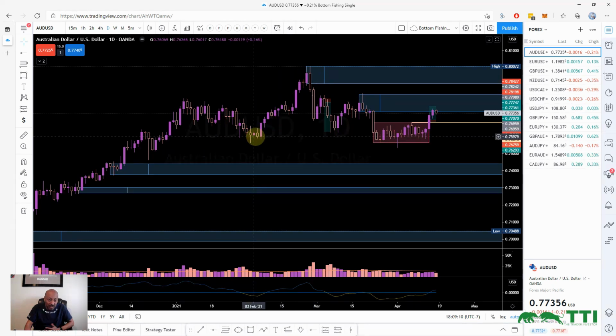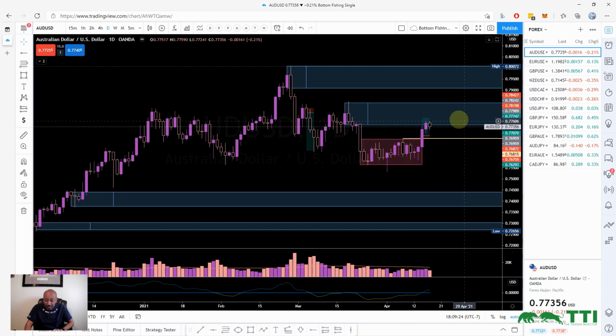Because this is a daily chart, we can look at this shorter term bullish movement, shorter term bearish movement, and now that we have come out of an order block and are entering another order block, where do I see opportunities?